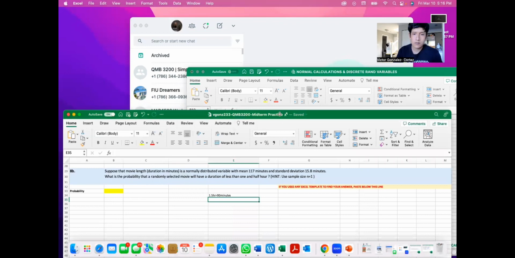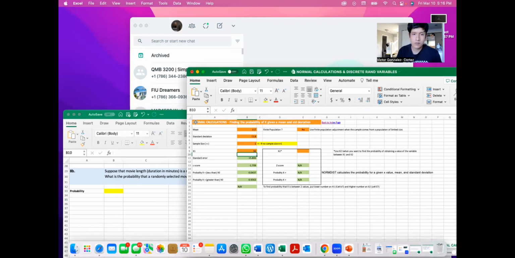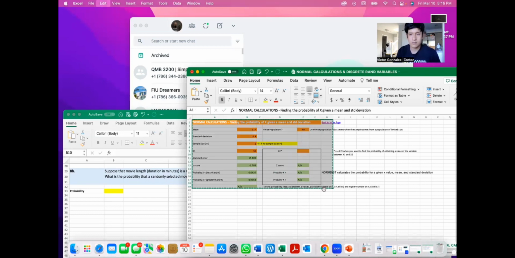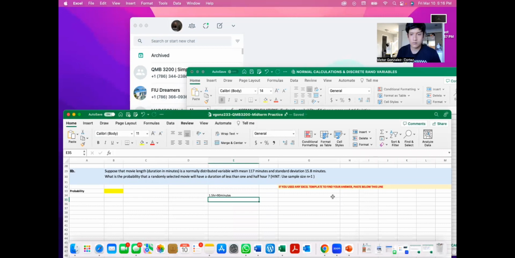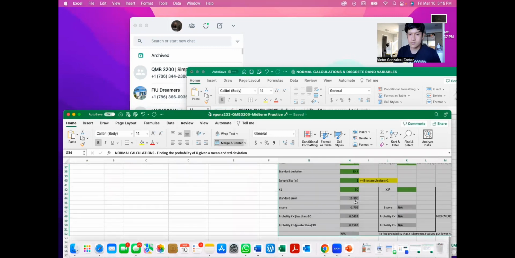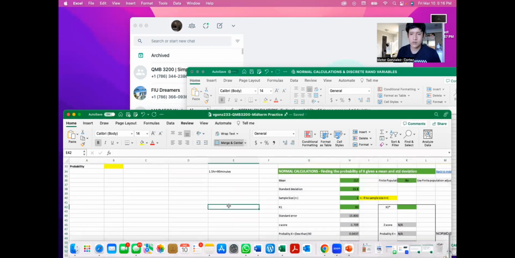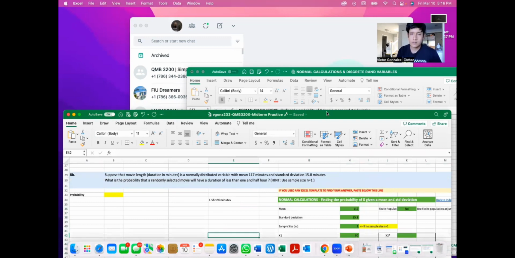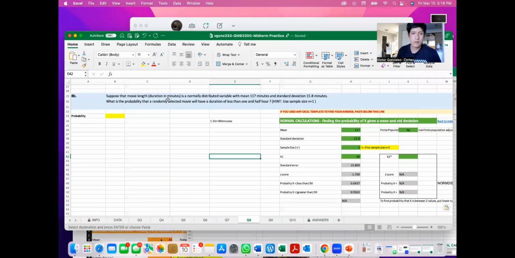First, let me copy this. Okay, and now it says, what is the probability that a randomly selected movie will have a duration of less than 1.5 hours?